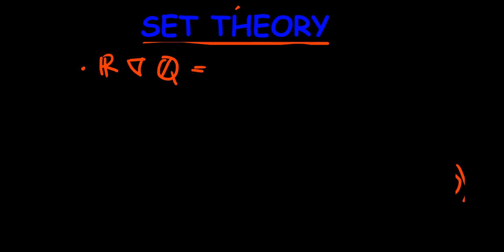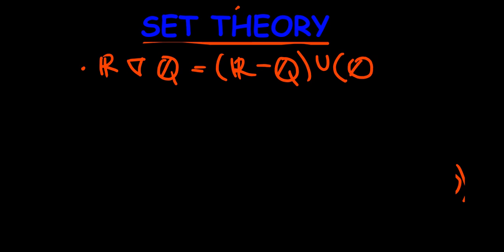This will be real numbers remove the rational numbers, then union the rational numbers remove the real numbers. So what are you going to get when you do that? The first part, when you remove the rational numbers from the real numbers, you get irrational numbers that are going to remain.